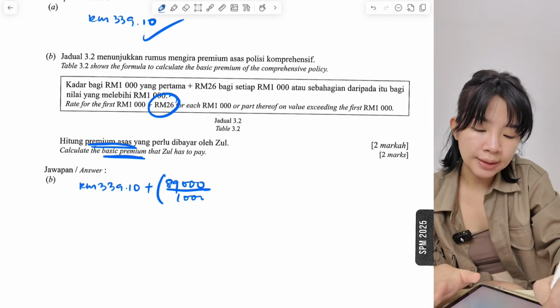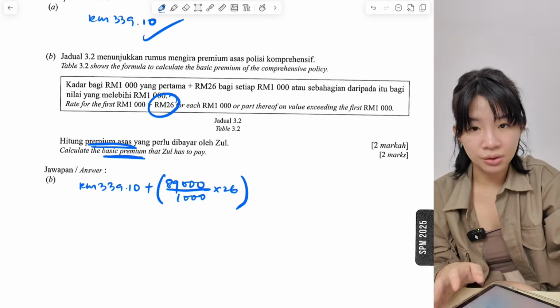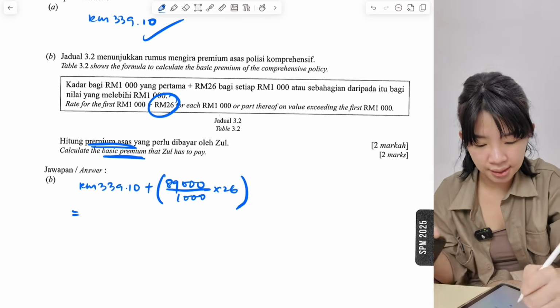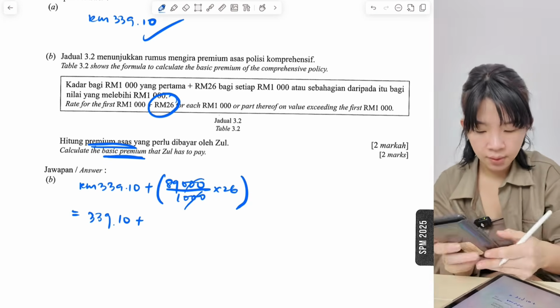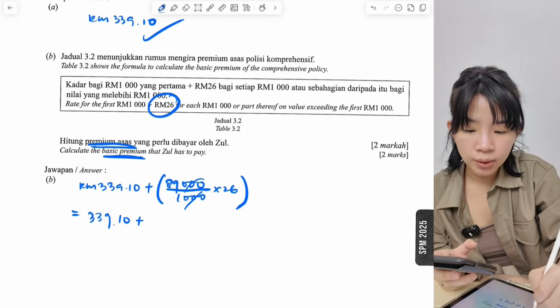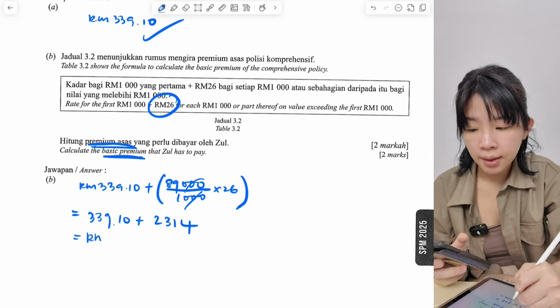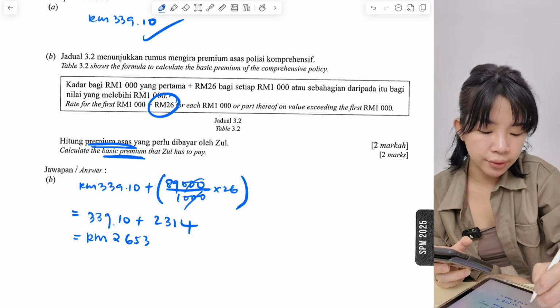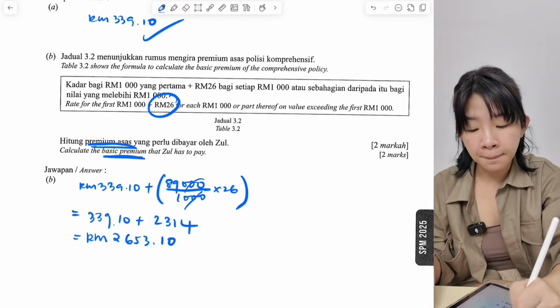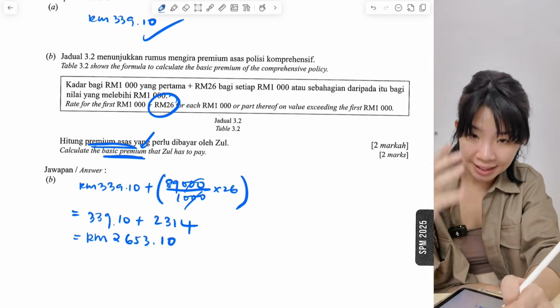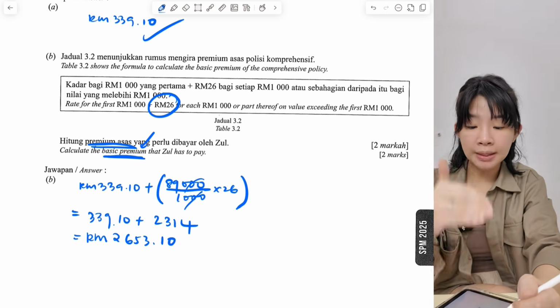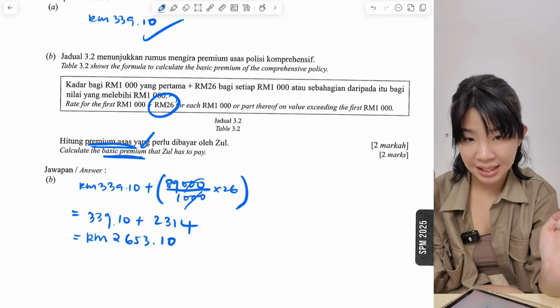So divide by 1,000 times 26. This one fixed already, definitely 26. So 89 times 26, 2,314. So total up, 2,653 ringgit and 10 cents. So this is basic premium. If this person got NCD, then we give discount. Basic premium is haven't discount yet.